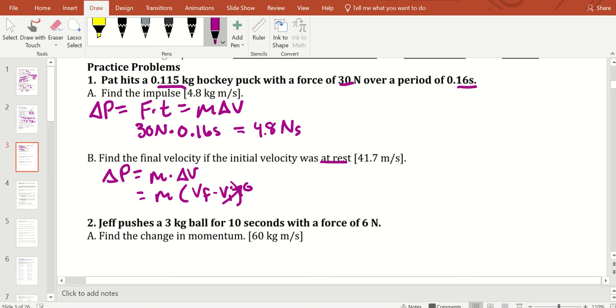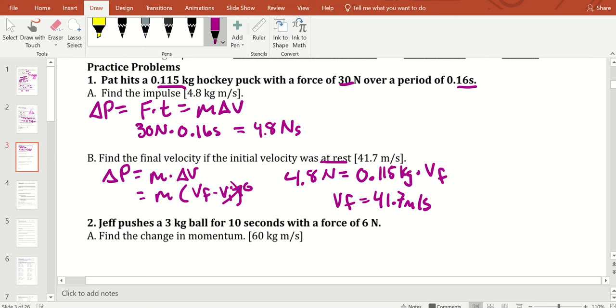So then when I plug it in, I know that 4.8 Newton seconds is going to be equal to 0.115 kilograms, which was the mass, times the final velocity. So if I divide both sides by 0.115, I'm going to get a final velocity of 41.7 meters per second.